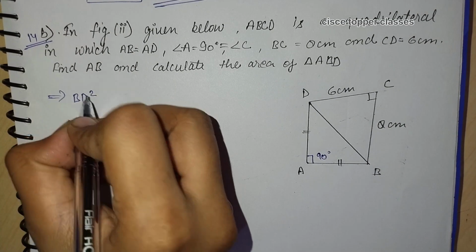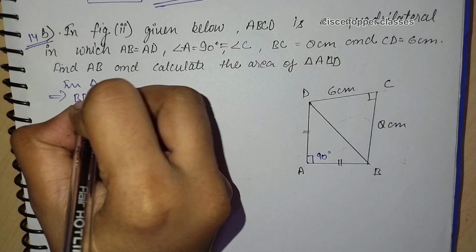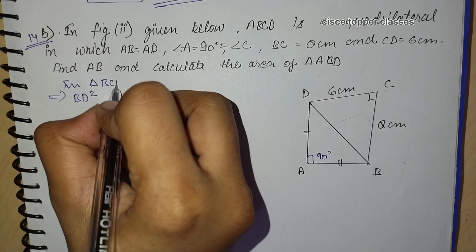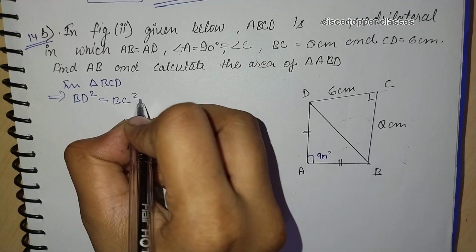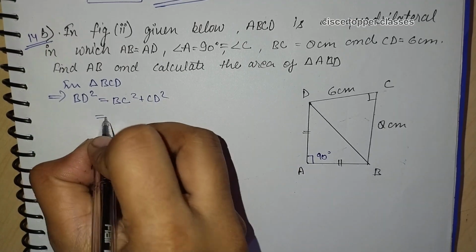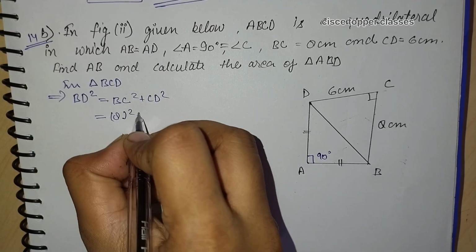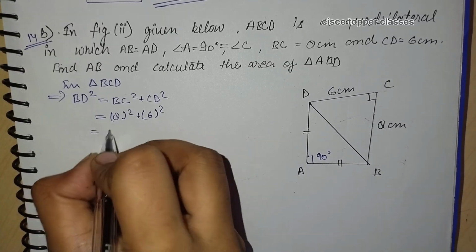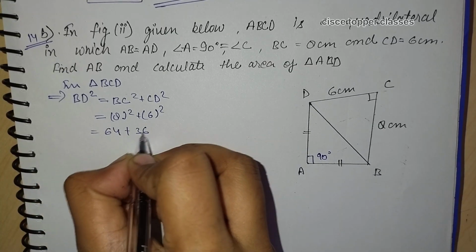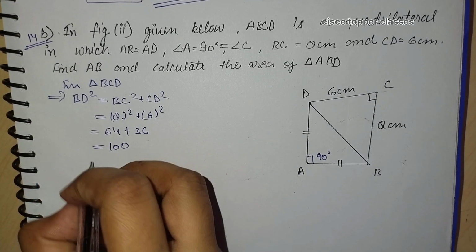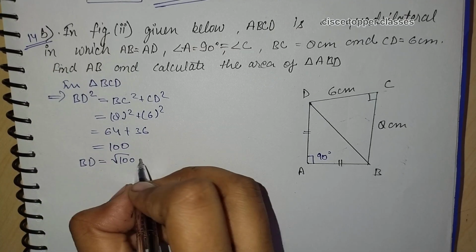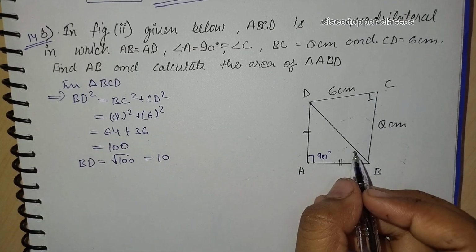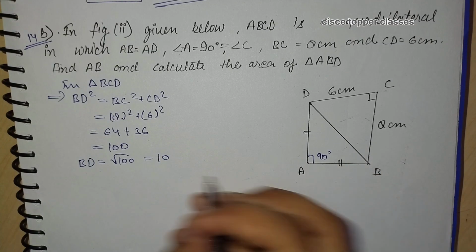We can find BD square in triangle BCD as BD square is equal to BC square plus CD square equal to 8 whole square plus 6 whole square, which will be 64 plus 36 here, and this will be 100. BD is equal to under root 100, and we can write the value as 10. So here we have found the value of BD.